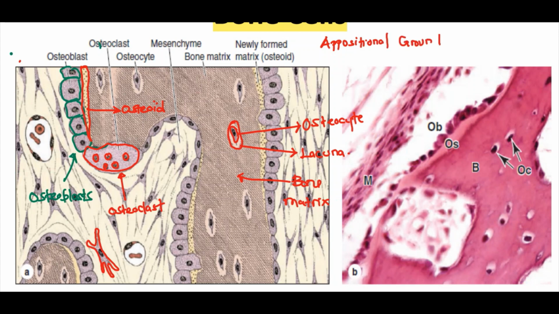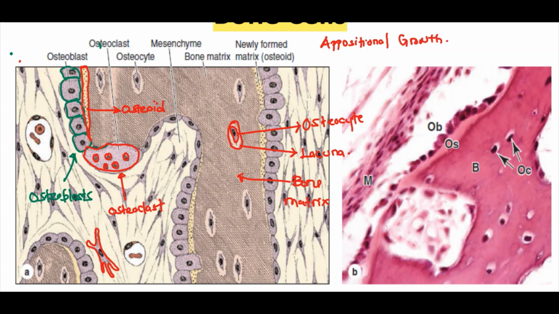Osteoid is deposited in the sides of the bone between the osteoblasts and the bone matrix so that the bone can grow in diameter. That is what we call appositional growth. I wrote ground here, it's supposed to be growth.